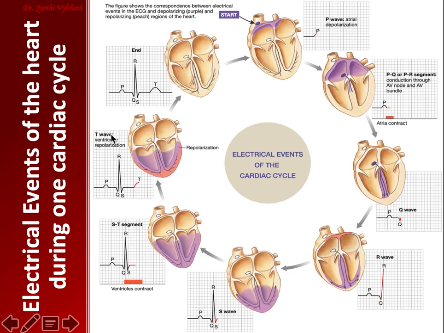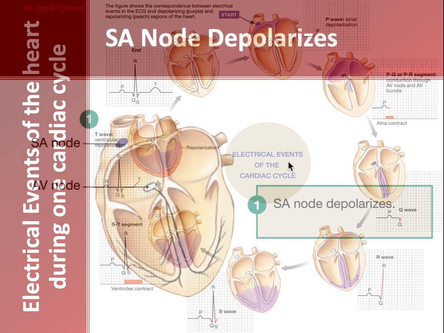Just to show you this picture: the SA node is firing, the atria are depolarizing, followed by septal depolarization, and the apex of the ventricle is depolarizing, the entire ventricle is depolarized, then repolarization is happening. These are the entire electrical events in one cardiac cycle, and we'll see how these ECG waves are produced.